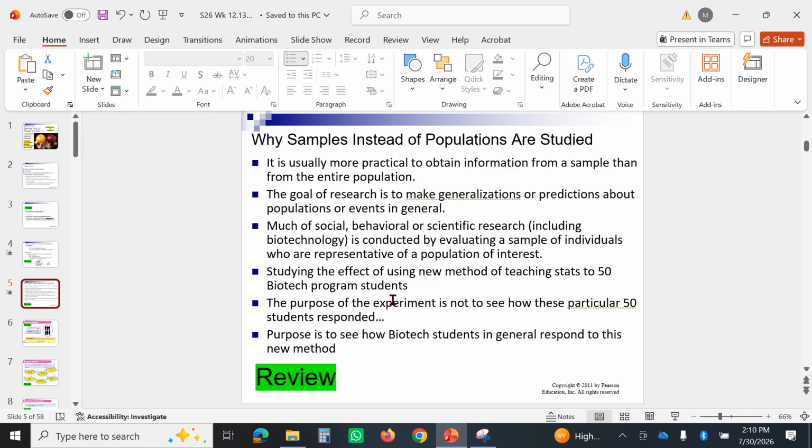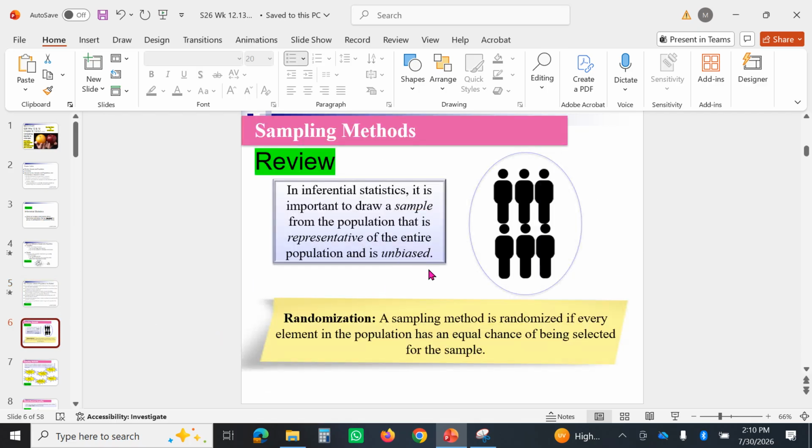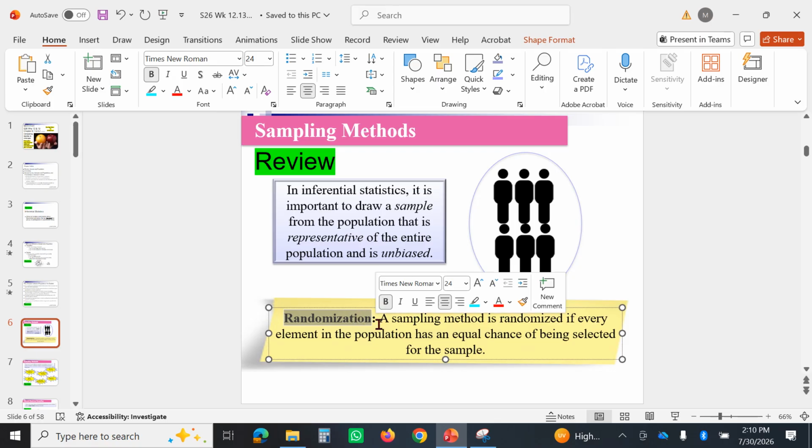Okay. Now, sampling methods. Again, this is review. It's all about randomization, right? A sampling method is randomized if every element in the population has an equal chance of being selected for the sample. Randomizing is everything. Because if things aren't random, if there is some type of logic, then that means that there are other powers at play.